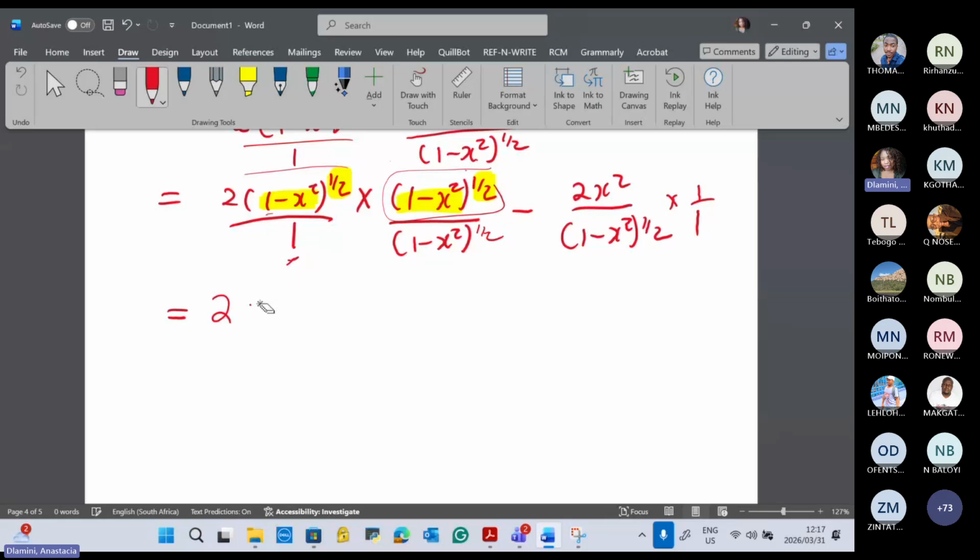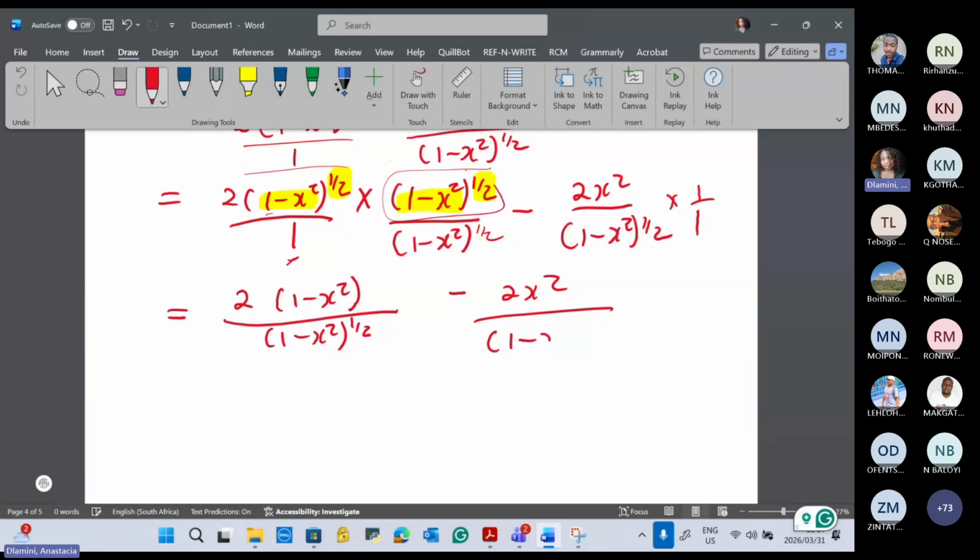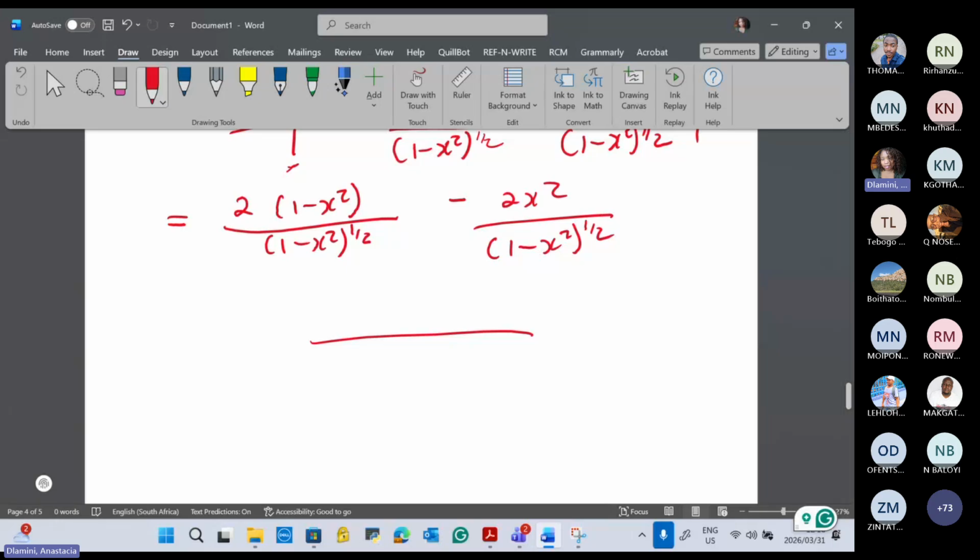So it's 2 times (1 minus x squared) over, now the denominator becomes (1 minus x squared) to the power of half, minus 2x squared over (1 minus x squared) to the power of half. Now, since the denominators are the same, you take the denominator the way it is. So the denominator becomes (1 minus x squared) to the power of half.